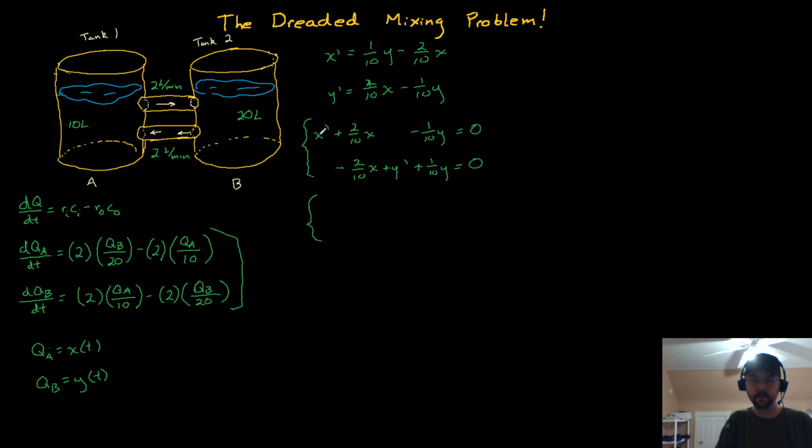For these two terms right here, we're going to say this is equivalent to big D plus 2 over 10 times x. So we factored an x out of this, and we changed this into big D, which is going to stand for the derivative, minus 1 over 10 y equals 0.